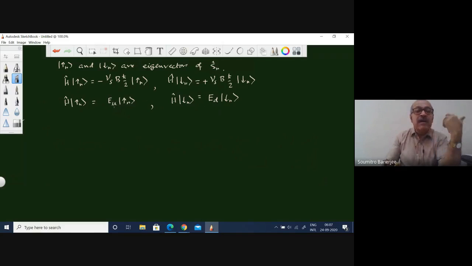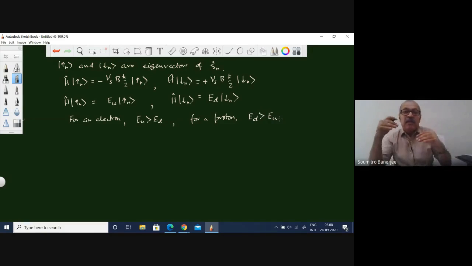And since for an electron, this is a negative number, so for an electron, E up is greater than E down, and for a proton, E down is greater than E up.